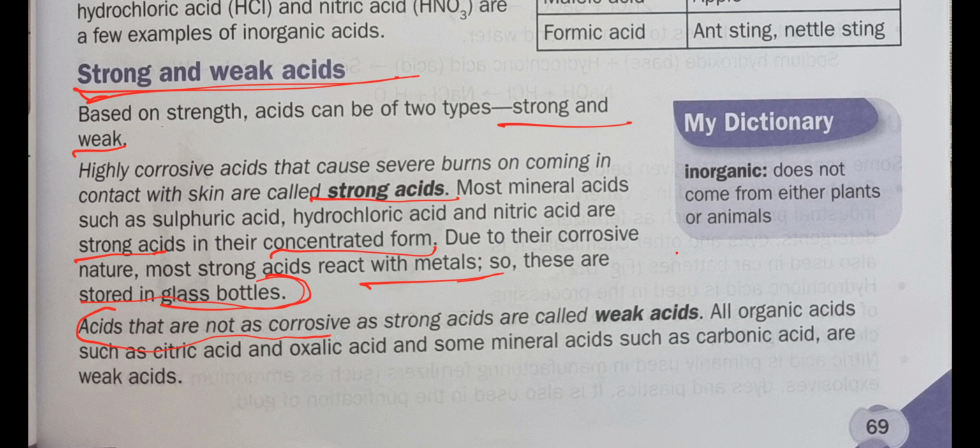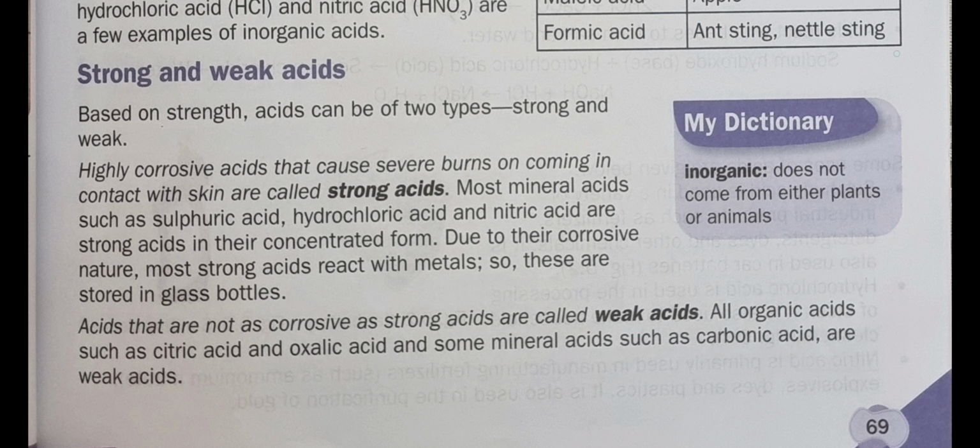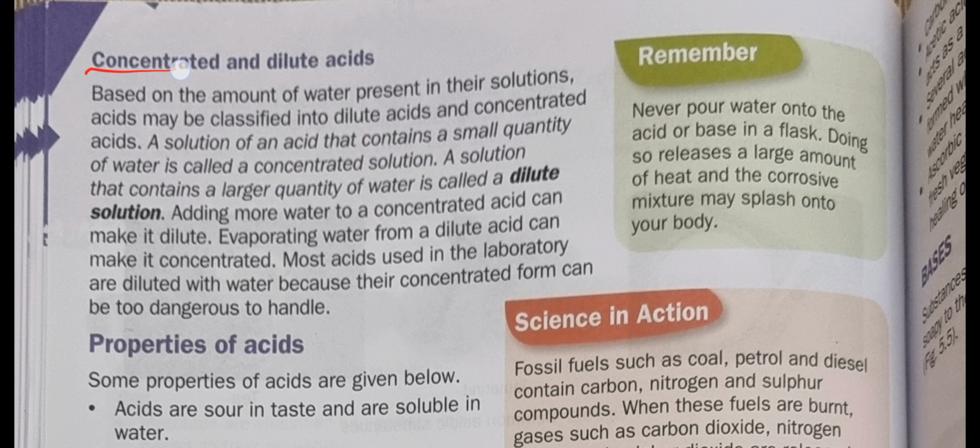Acids that are not as corrosive as strong acids are called weak acids. All organic acids such as citric acid and oxalic acid, and some mineral acids such as carbonic acid, are weak acids. Now, concentrated and dilute acids. Based on the amount of water present in their solutions, acids may be classified into dilute acids and concentrated acids.